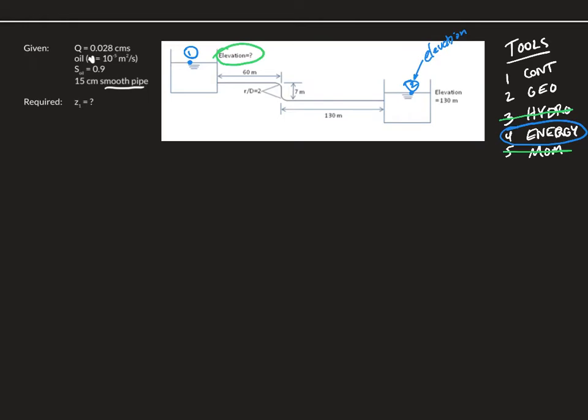So we've lost that energy. We don't have any velocity head down here. It just went elevation from one to another, but there was loss. We lost energy as it flowed down this pipe due to friction and due to losses in those bends and in the exit.